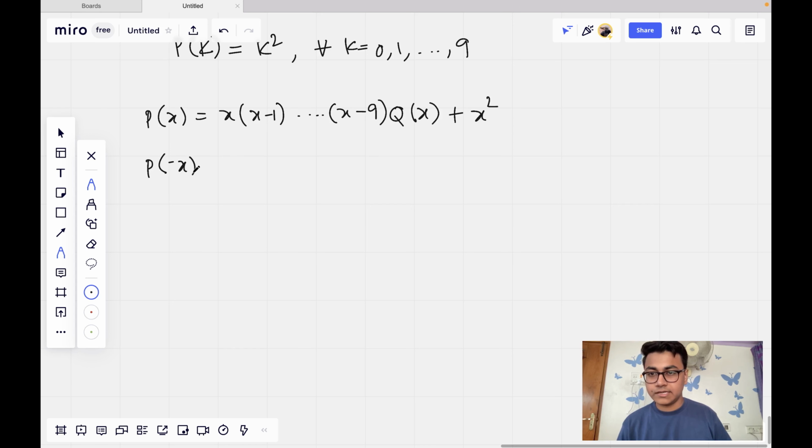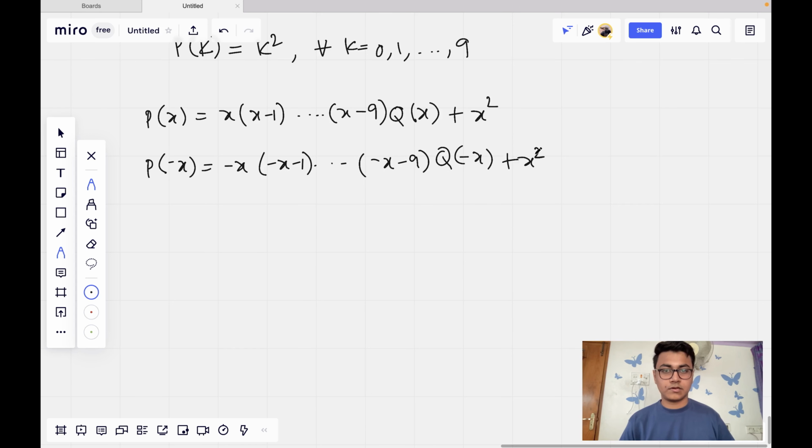Again, P of minus x is this. Now these two values are again equal for all real numbers x.